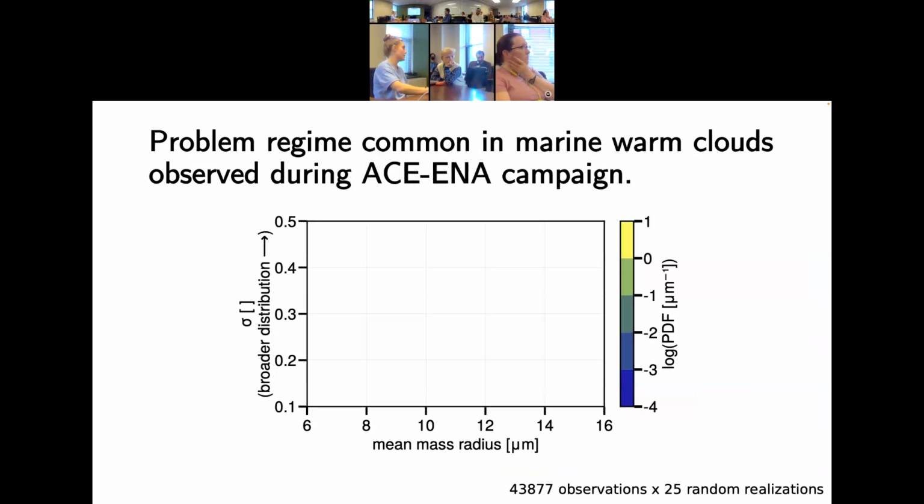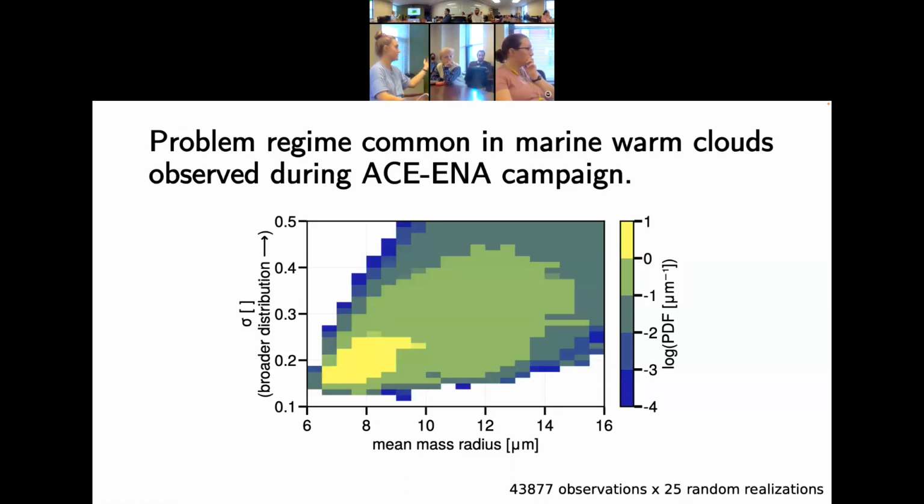And so basically what we find here, I'm showing now the spectral dispersion. This isn't conditioned on being the initial condition anymore because we don't know that in observations. And the mean mass radius and the 2D PDF in log space. In yellow is what's really frequently occurring.